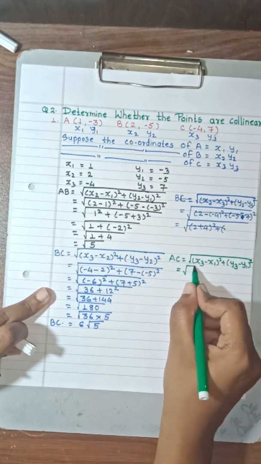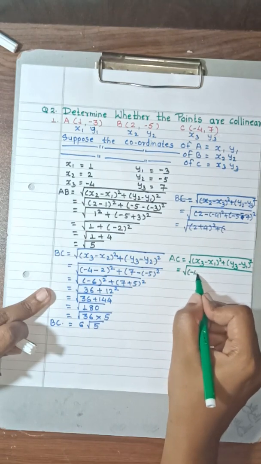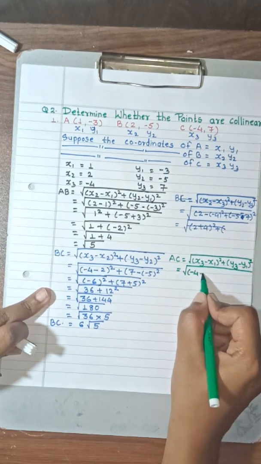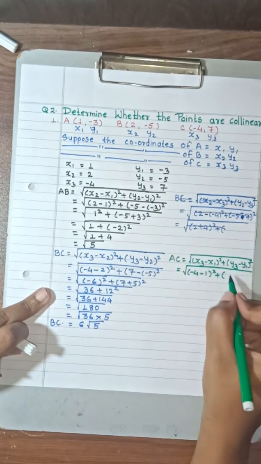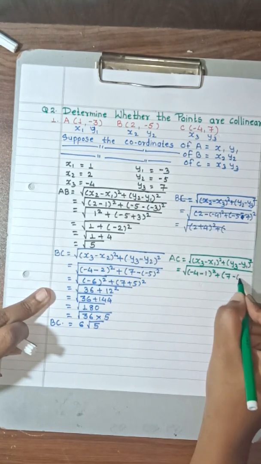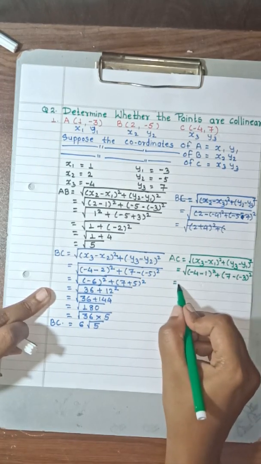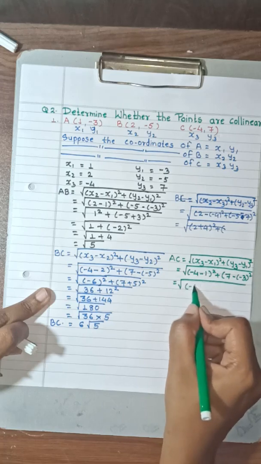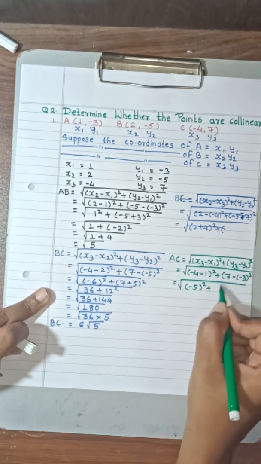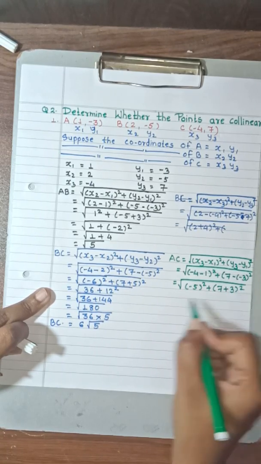Now under root of, now how much is x3? x3 is minus 4, x1 is minus 1 bracket square plus y3. How much is y3? y3 is 7 minus 3 bracket square. Got it? Now here we have minus 4 minus 1 will be minus 5 bracket square plus 7 minus 3 will become plus 3 bracket square.